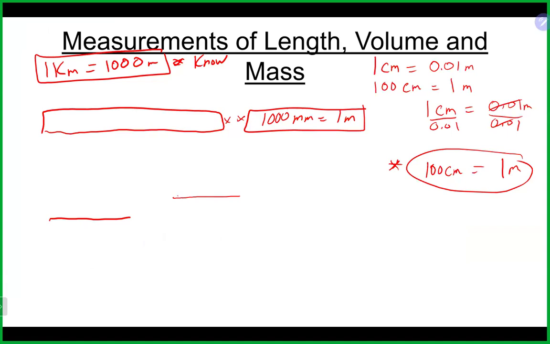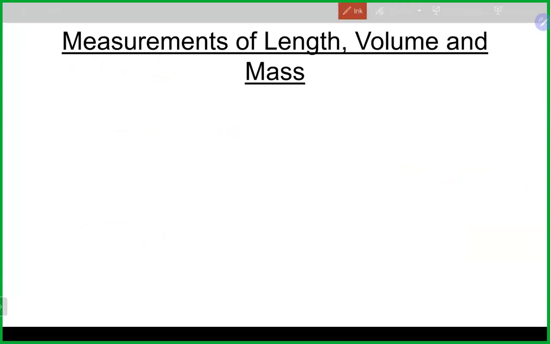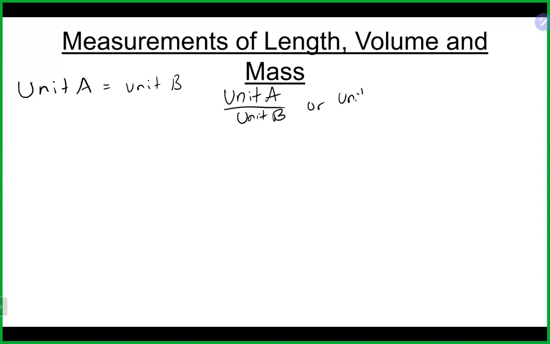Dimensional analysis is a way to do a calculation where we basically use equalities like unit A is equal to unit B, and we could get some conversion factors like unit A over unit B, or unit B over unit A. And once again, that's our equality, and these are our conversion factors.